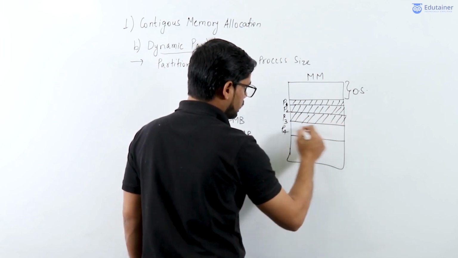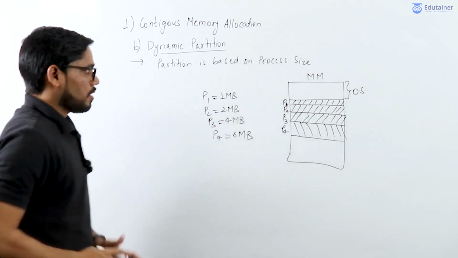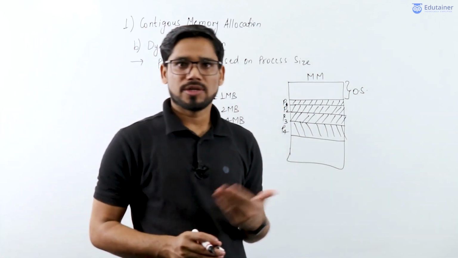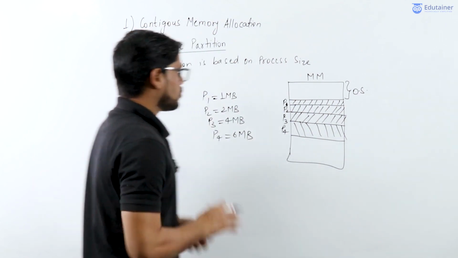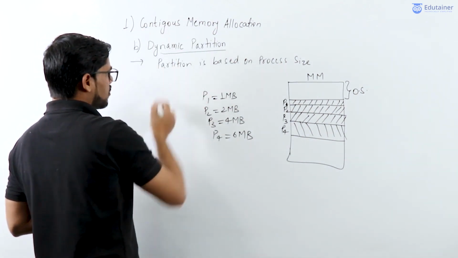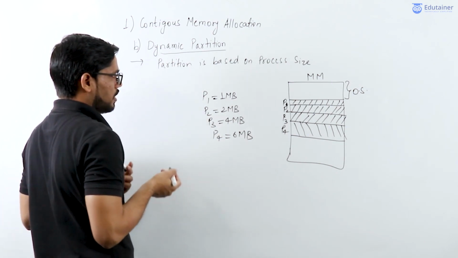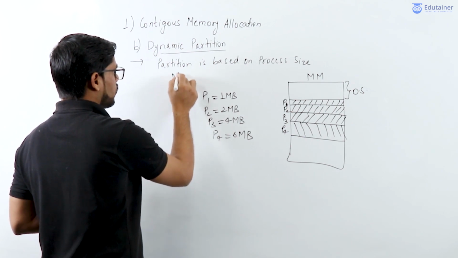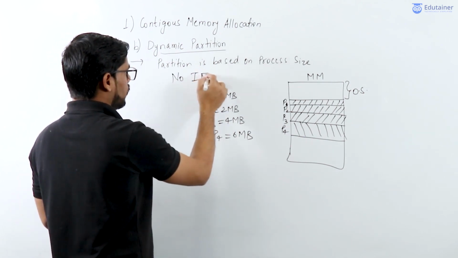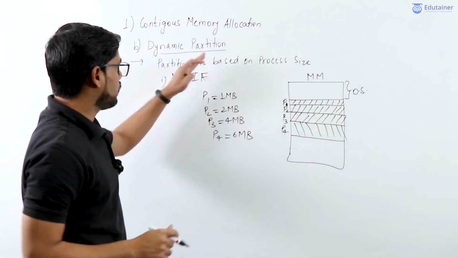Now clearly, here the problem of internal fragmentation is resolved. So no internal fragmentation. I generally abbreviate internal fragmentation as IF and external fragmentation as EF. So no internal fragmentation occurs in dynamic partitioning.